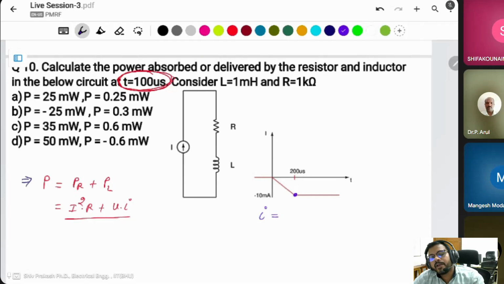By applying the linear equation formula, I is the y axis, t is the x axis.